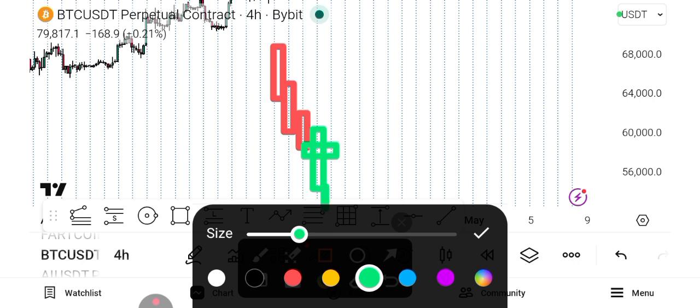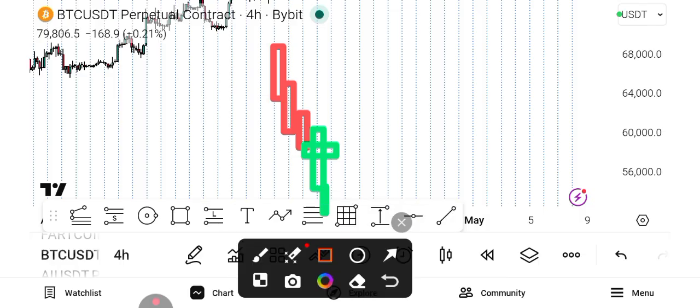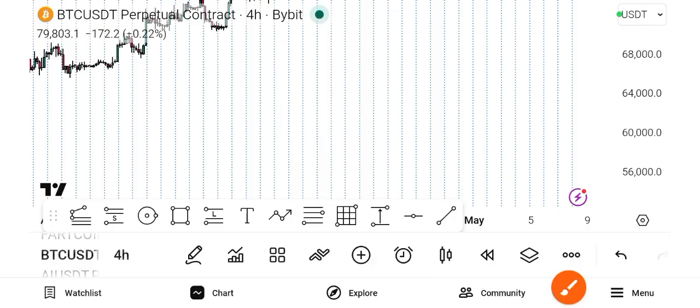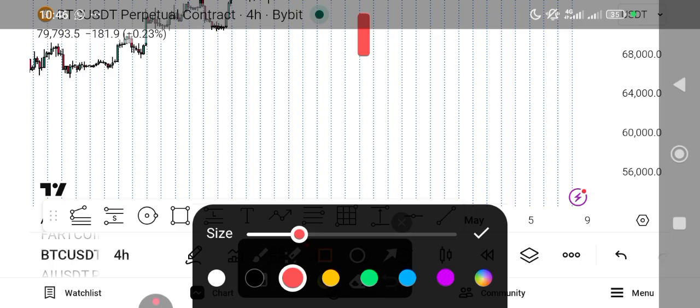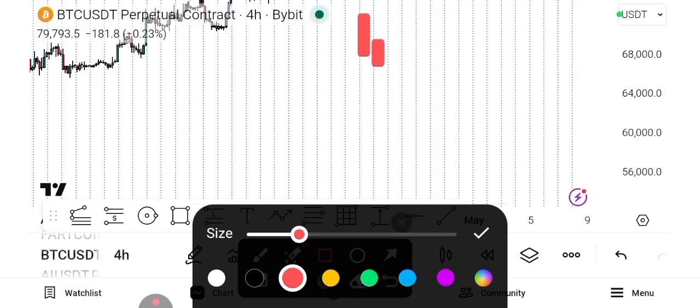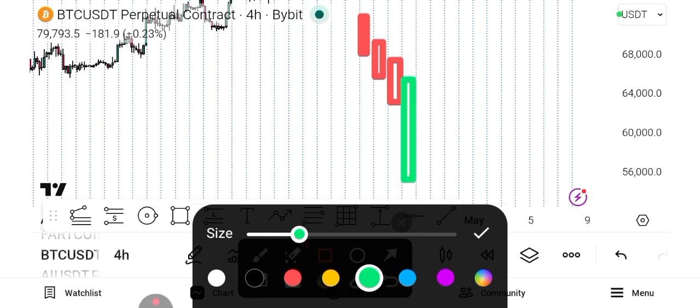I have to take this down a little bit more. Let's redraw it. We are selling, the market is going down, and finally we have this here. Okay, it just appears.